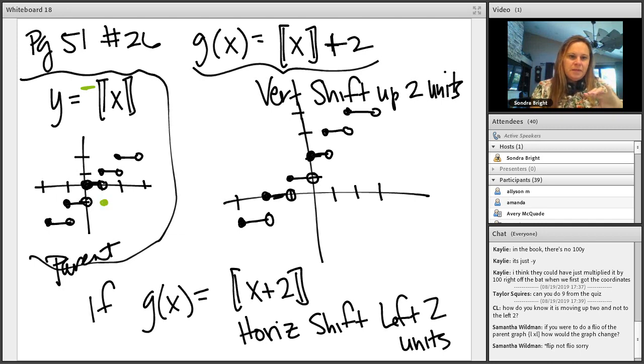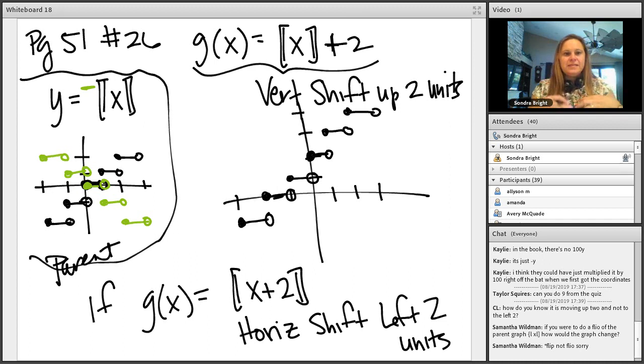So this would be a doot, doot, doot, and a doot, doot, doot, and open, and then you've reflected. So now this is open, closed, stair step, open, closed. Yeah?